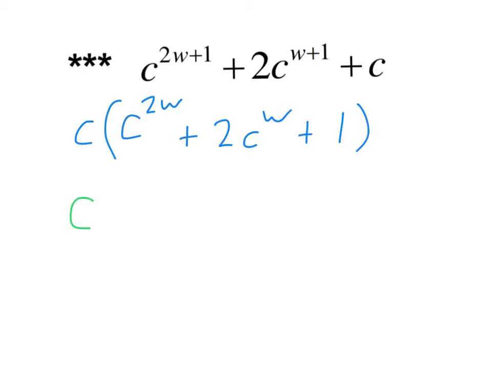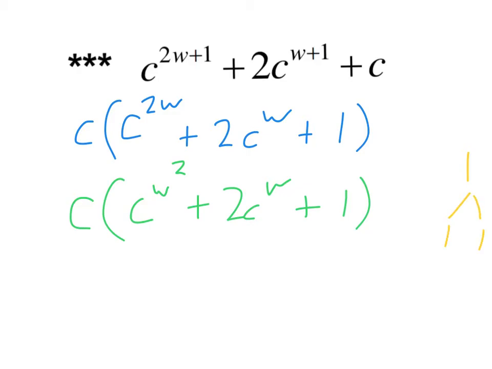So rewriting this is c times c to the w, that's squared, plus 2c to the w plus 1. Then you got a trinomial. A times c is 1. What multiplies to be 1, added or subtracted is 2. That's 1 and 1. So this is c times c to the w squared plus c to the w plus c to the w plus 1.